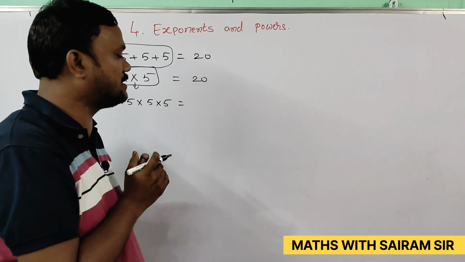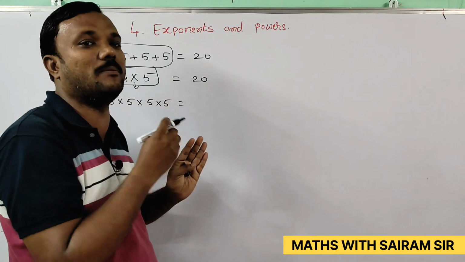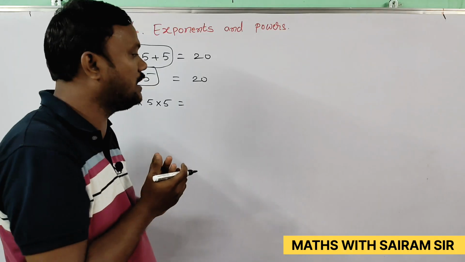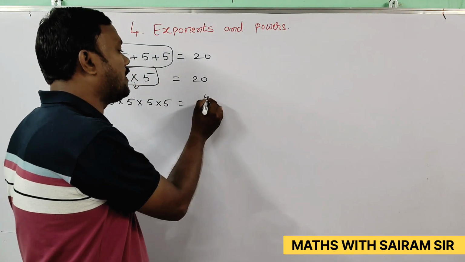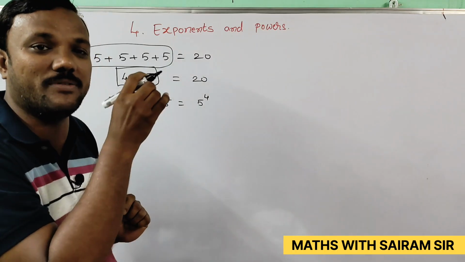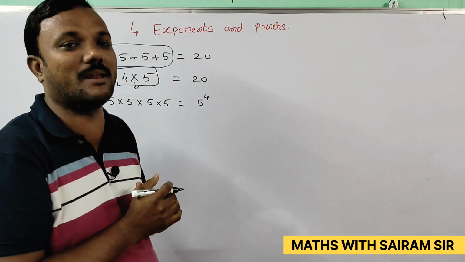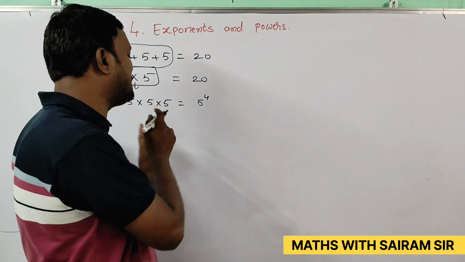Yes, we can represent such repeated multiplication in short as 5 to the power of 4. With the help of exponents, we can represent this repeated multiplication in short.